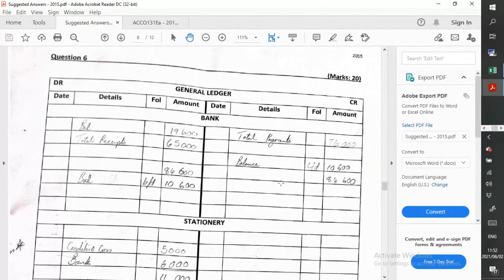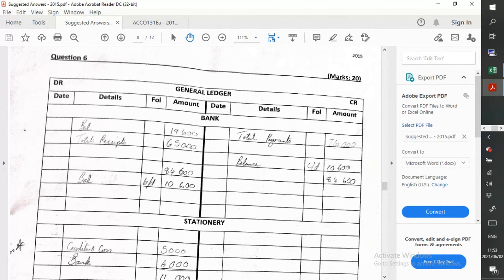So the total that we should have in our creditors control column is 15,000. Okay, right. And then they want us to do the general ledger or the T accounts for those respective accounts. They are bank, stationery, creditors control, debtors control, trading inventory, and petty cash.